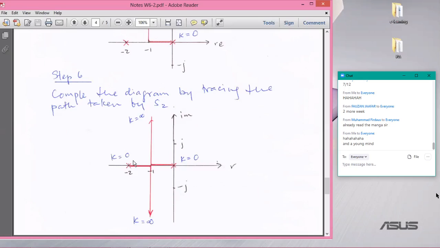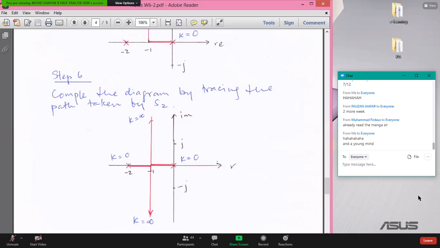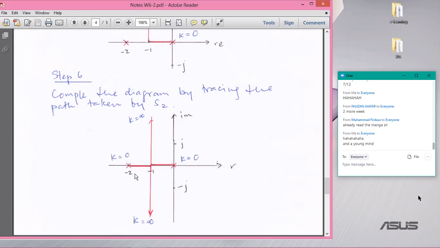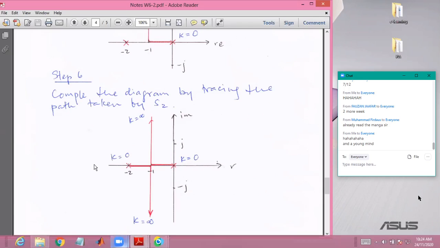And you can see that the root locus starts at the value of the pole. Here we have two poles, one at 0 and one at -2. So basically this is what the root locus diagram is: the path taken by each root on the complex plane.